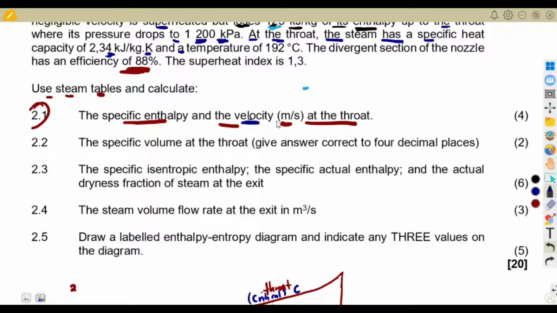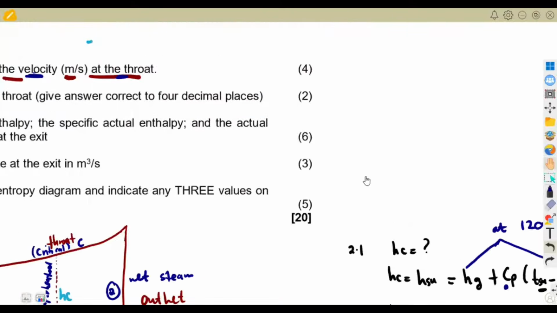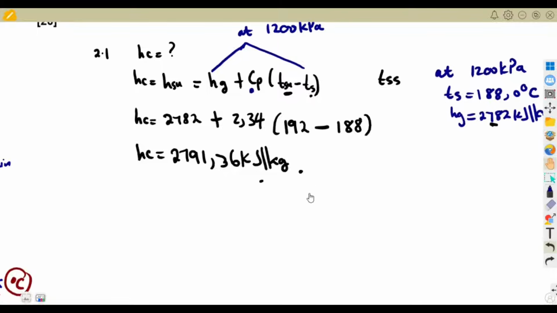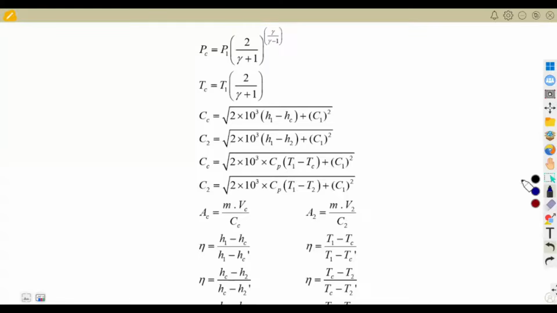Then the velocity at the throat. We're not going to waste much time; I'm just going to bring you to your formula sheet. I also want you to be used to your formula sheet. We have got the velocities, and we want the one at the throat. There are two formulas here for the velocity at the throat.